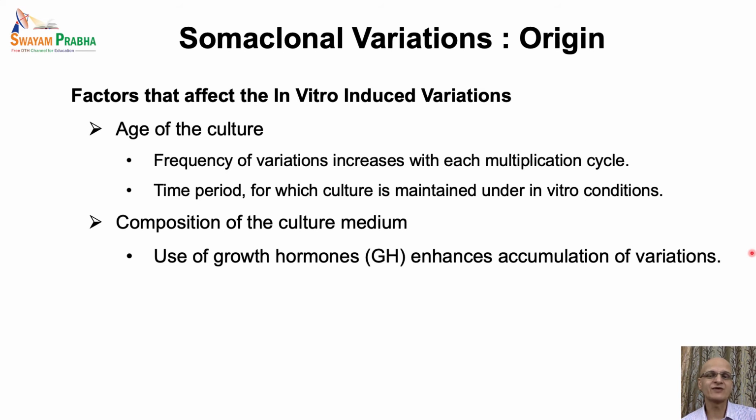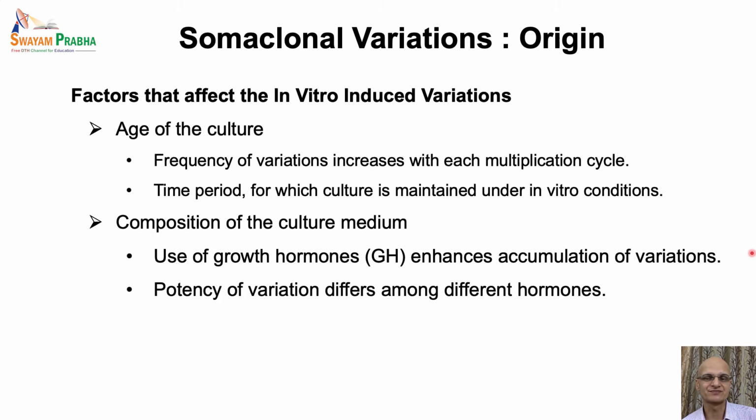There are several hormones that are used in this in vitro regeneration process, and they are usually grouped in auxin and cytokinin categories, which are most frequently used. And the use of these growth hormones is also associated with the accumulation of somaclonal variations.